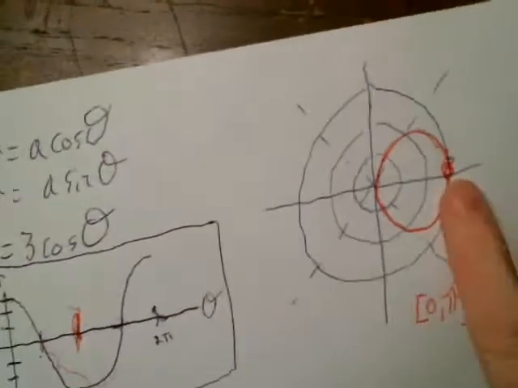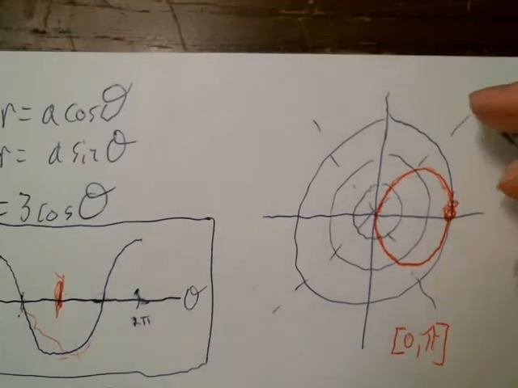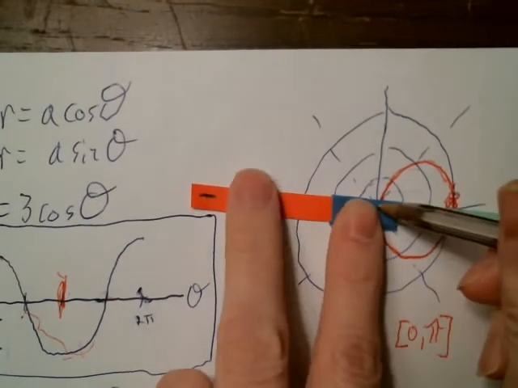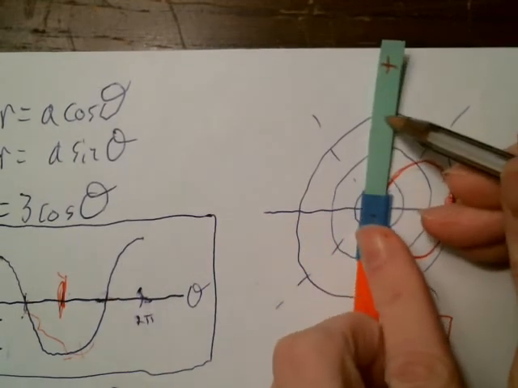So on this polar graphing paper, what's going on? Well, I'm starting now at 0. I start at the middle, and then it's going to rotate around over to 3 at pi over 2, right?